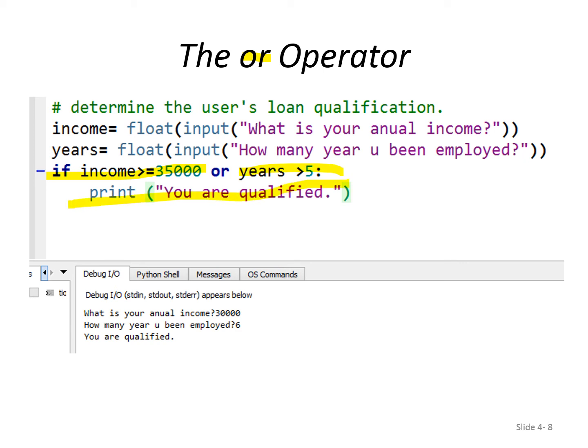If neither is fulfilled, it will not print this statement. So what is your annual income? It's 30,000, which is less than 35,000, so it will not fulfill the first condition. But the years employed here is 6, which fulfills the years condition, so it will print you are qualified.